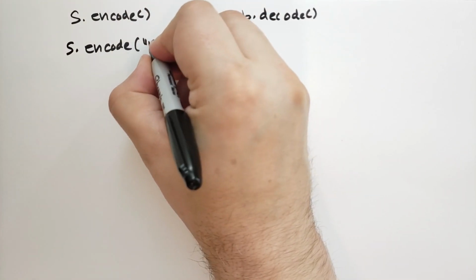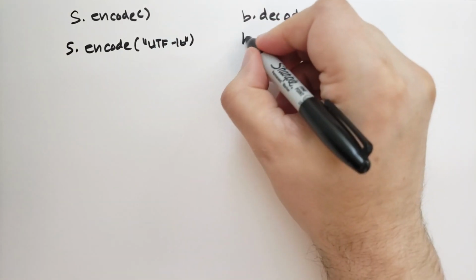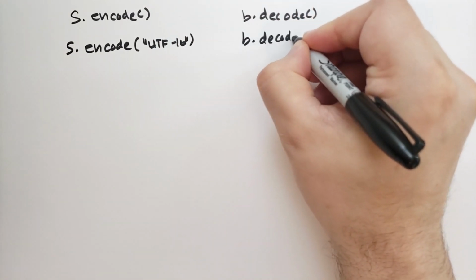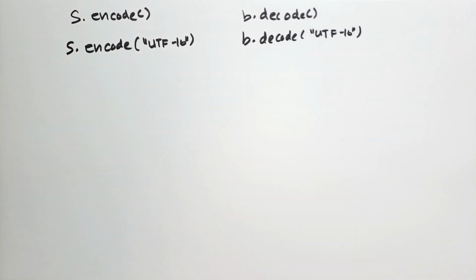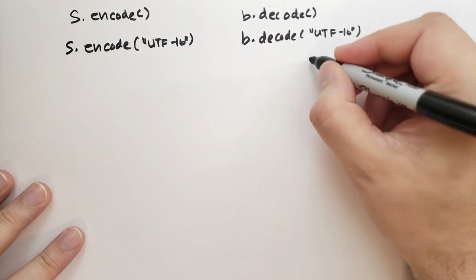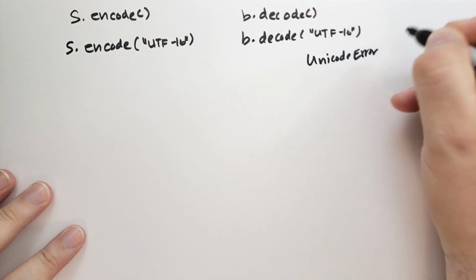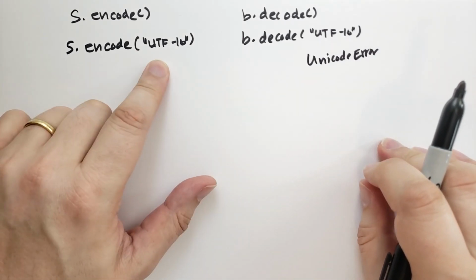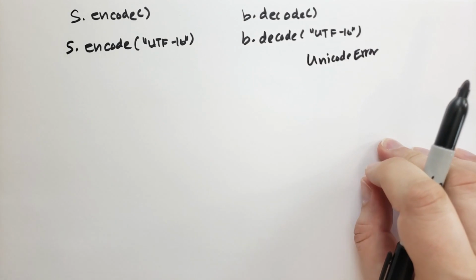Like, for instance, you can say UTF-16, and same when you decode. And this will work. If there is any problem with the encoding, it will raise a Unicode error. And this could occur because it couldn't encode the sequence of Unicode that you have, or it couldn't decode it.